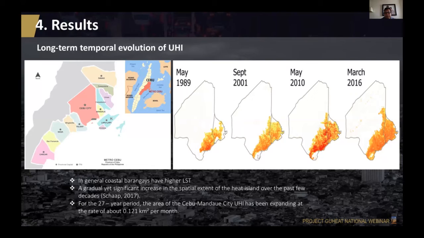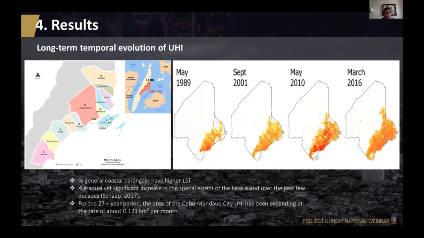This area here in the south is the SRP, which is now the flagship project of Cebu City. At that time, this area was not yet well developed, so one can see that the temperature is not so high. In fact, there's no UHI here.